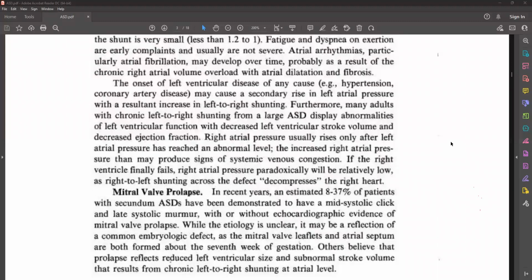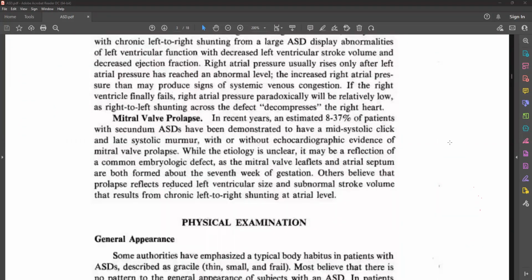Regarding the presence of mitral valve prolapse, there is a difference of opinion. You may hear a systolic click both in mitral valve prolapse as well as in atrial septal defect, so quite often the discussion of these mid-systolic clicks comes into the picture. In general, there is an association of mitral valve prolapse with atrial septal defect, though this book discusses it.